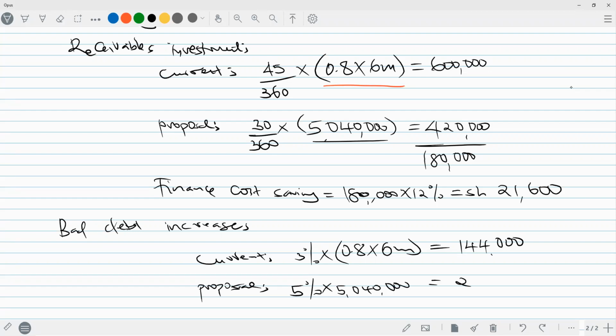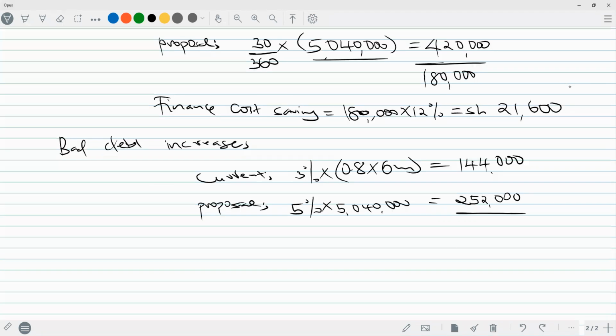To give us 252,000. That's the bad debt expense. As you can see, it is increasing. And what's the increase? The incremental increase in the bad debt expense is 108,000. So this is a negative impact of the company's change in the policy.